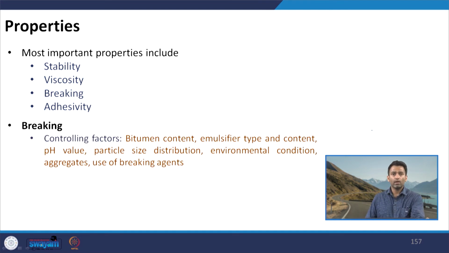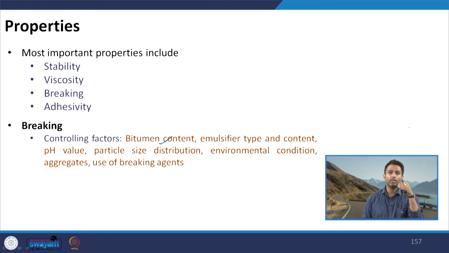Talking about the breaking, let us understand how it happens. There are various factors which are responsible for the breaking and which can affect the breaking system. For example, bitumen content. If the bitumen content is high, then the bitumen particles are more likely to come close to each other, resulting in an increase in the breaking rate.